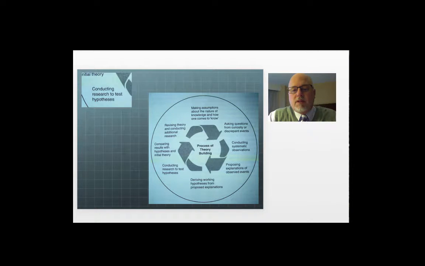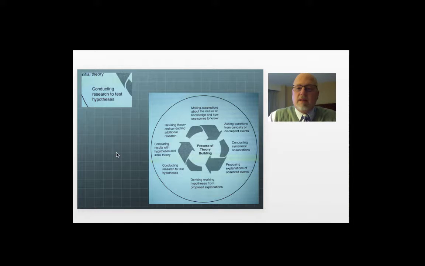Consequently, as we move on to the next step, that's what we actually have to do. We have to build a research design. We have to choose the strategies that we're going to employ. And tomorrow we'll go on and look at what some of those specific design issues might be.